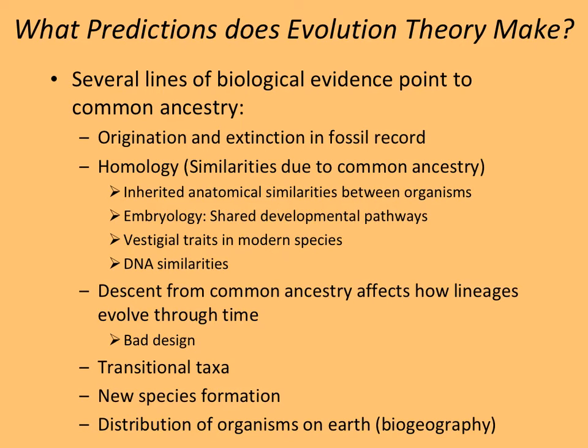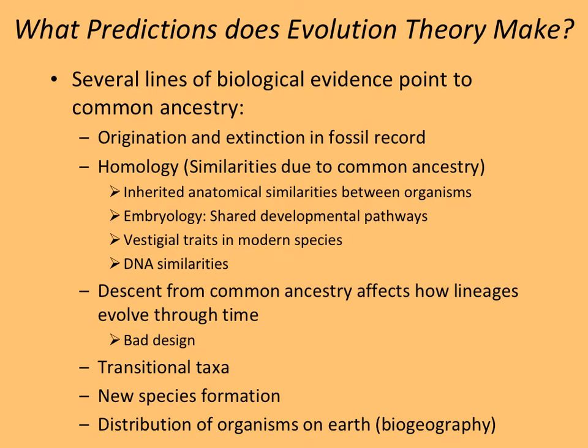There's also descent from a common ancestor affects how lineages evolve through time, like bad design. Which we'll get into if you looked at that video. And then you also should find transitional taxa, what used to be called the missing links.